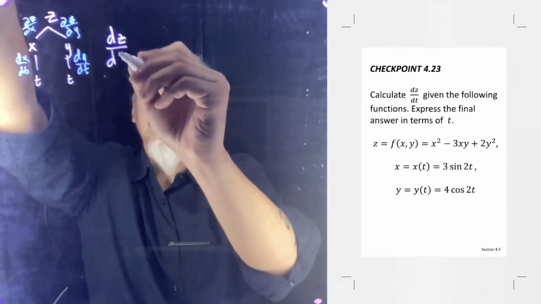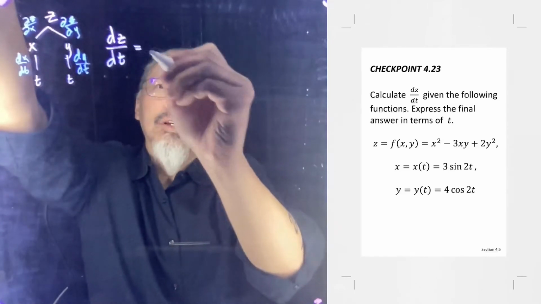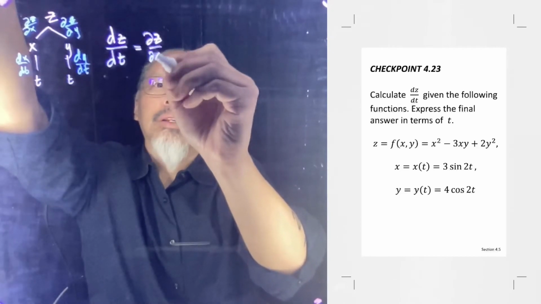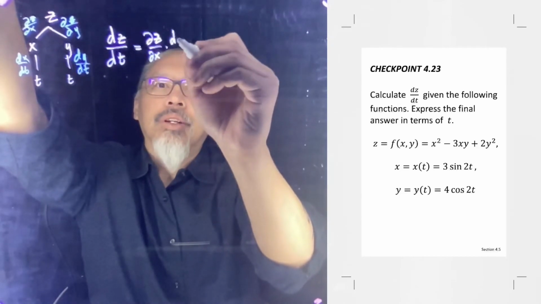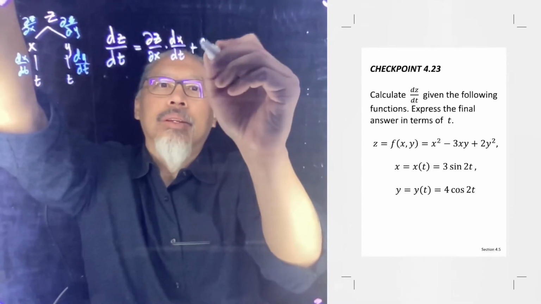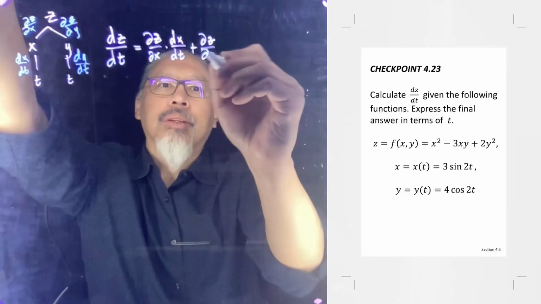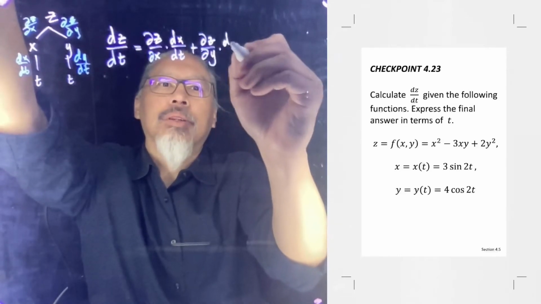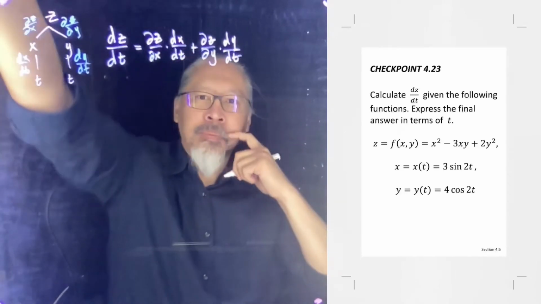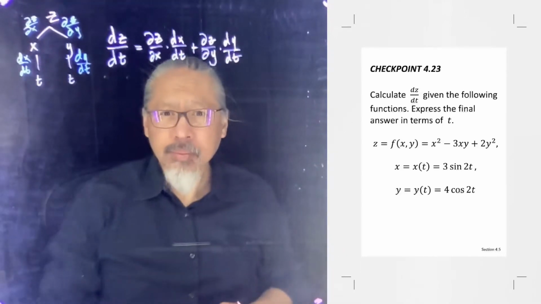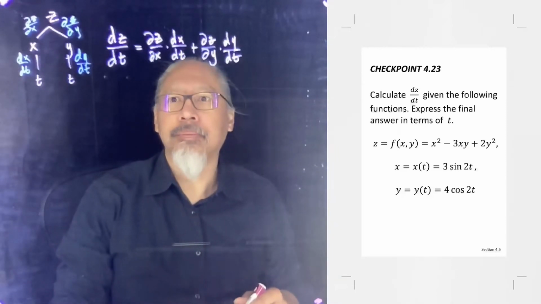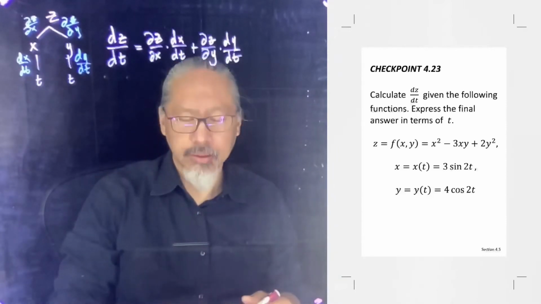So this is a straight derivative dz/dt, which is equal to the partial derivative of z with respect to x times the straight derivative dx/dt, plus the partial with respect to y times the straight derivative of y with respect to t. So we'll find each of these components and then do the product.